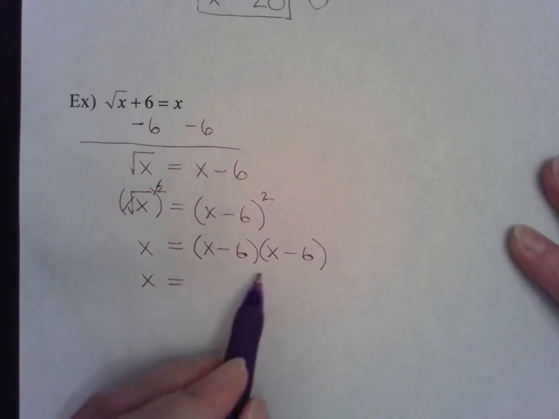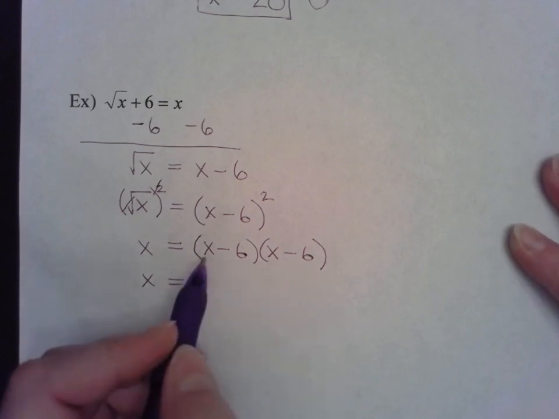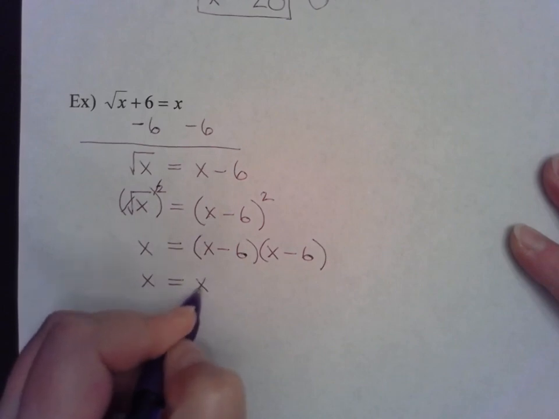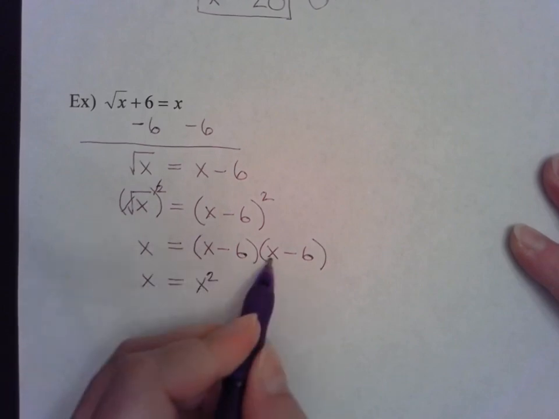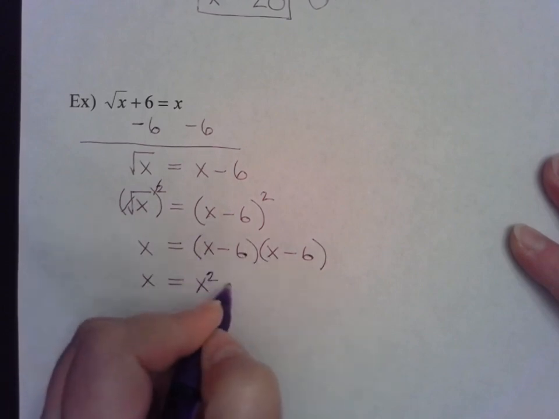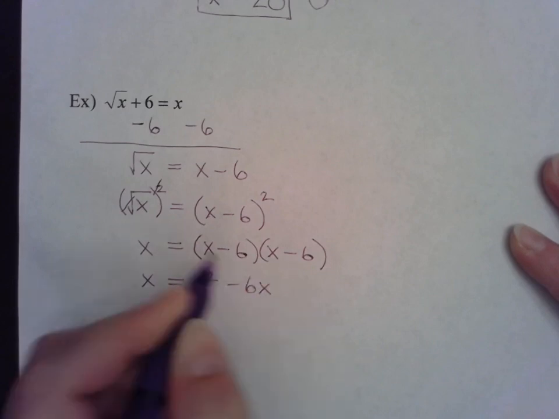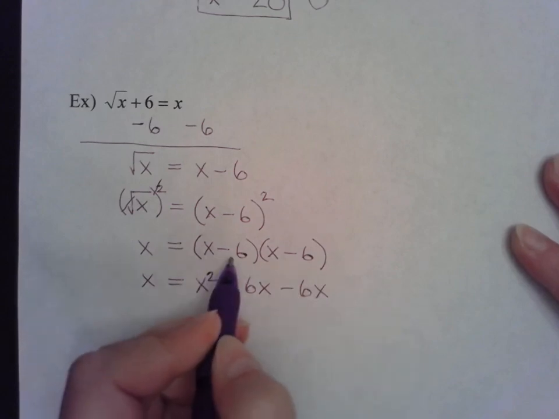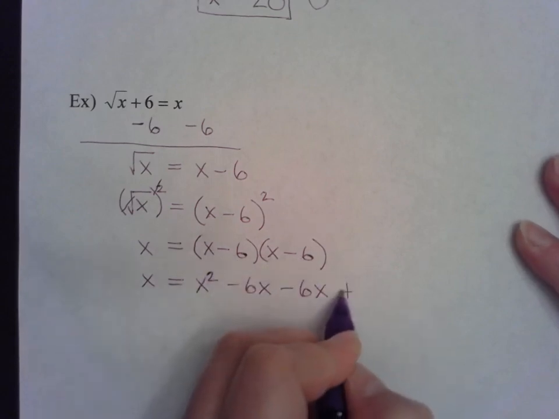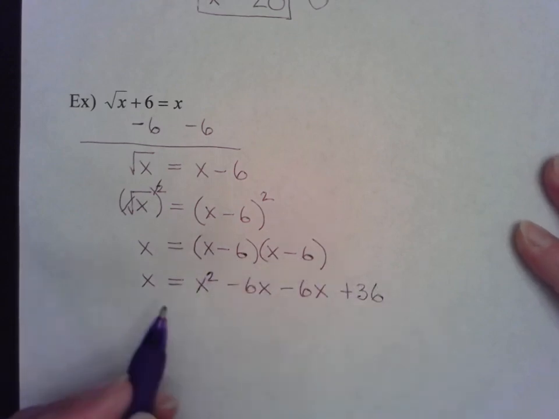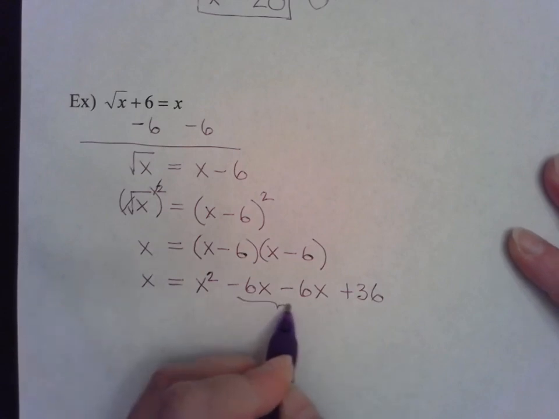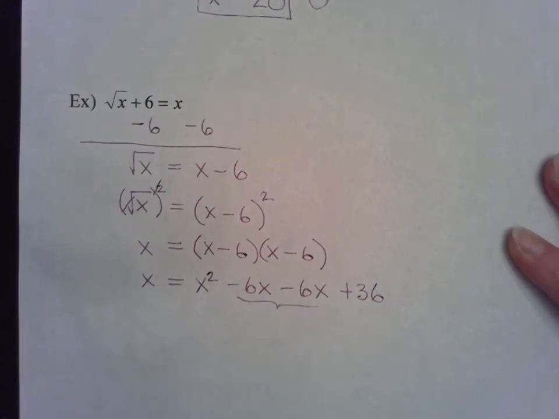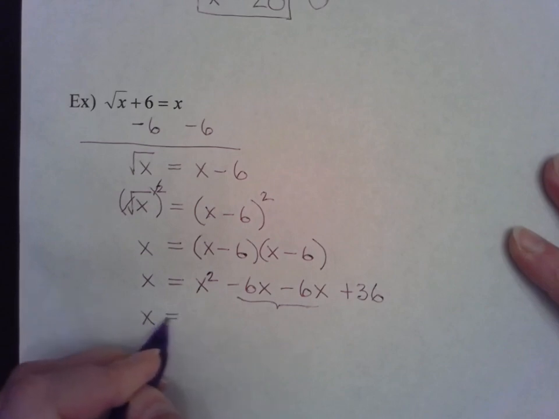And then I'm going to multiply these 2 copies together using FOIL. So the first times the first, the outside would be a minus 6x, the inside would be a minus 6x, and the last times the last would be a positive 36. These are going to be alike, so we can group them together.